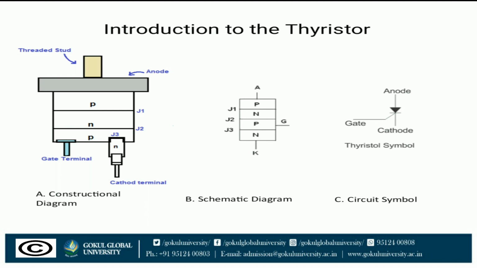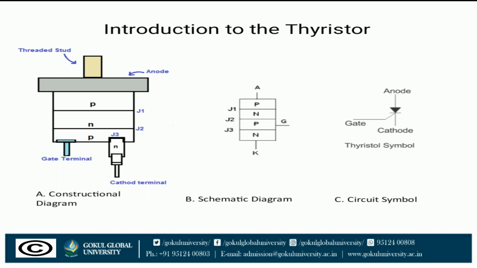The name thyristor is derived by a combination of the letters from thyratron and transistor. This means that the thyristor is a solid state device like a transistor and has characteristics similar to those of a thyratron tube.